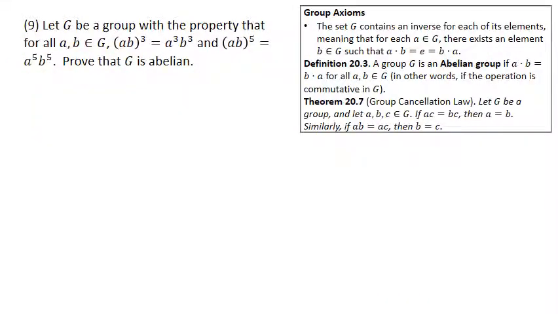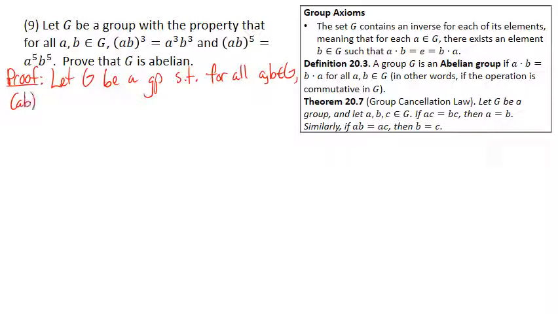Okay, so let's try this problem number 9, and this one is actually a little bit tricky. So for my proof statement, let me just copy the let statements. Let G be a group such that for all a, b in G, (ab) cubed equals a cubed b cubed, and (ab) to the fifth equals a to the fifth b to the fifth.